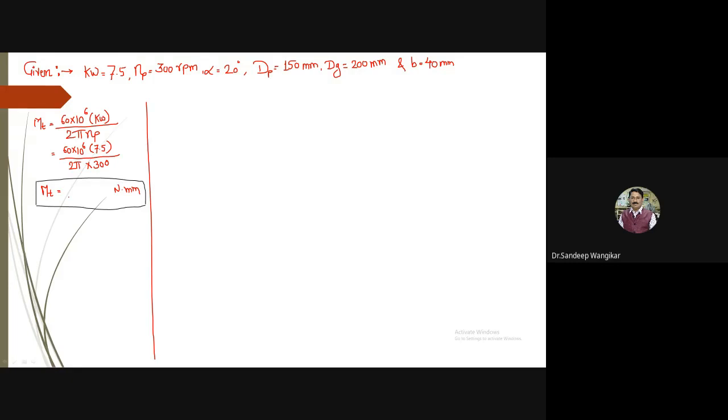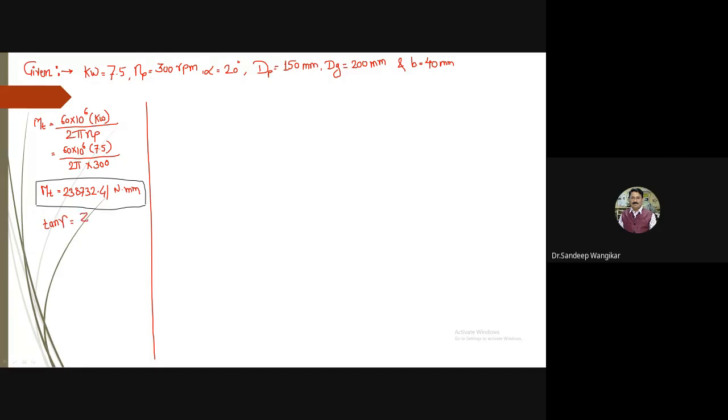So I will say here MT is 238732.41 Newton millimeter.